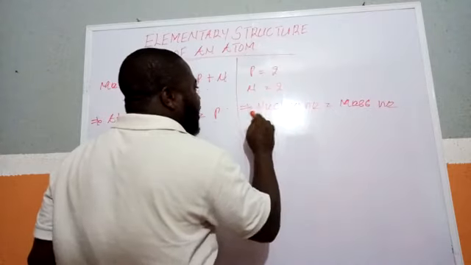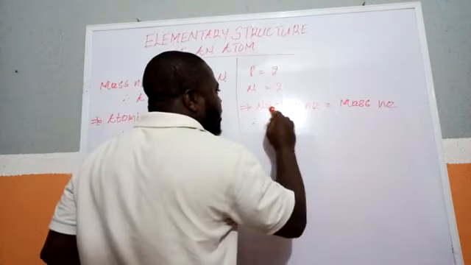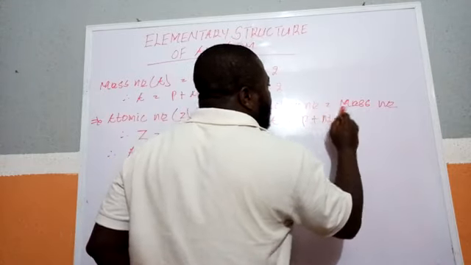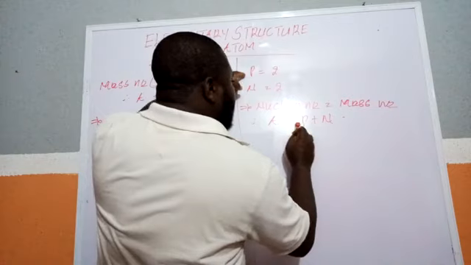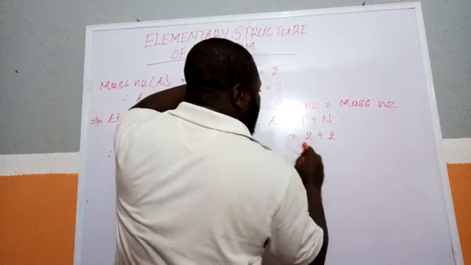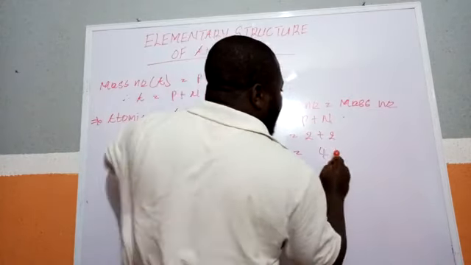So nuclear number, which is A, should be equal to P plus N, which is 2 plus 2. That means the nuclear number will now be 4. Can you see that now? Take note of that.